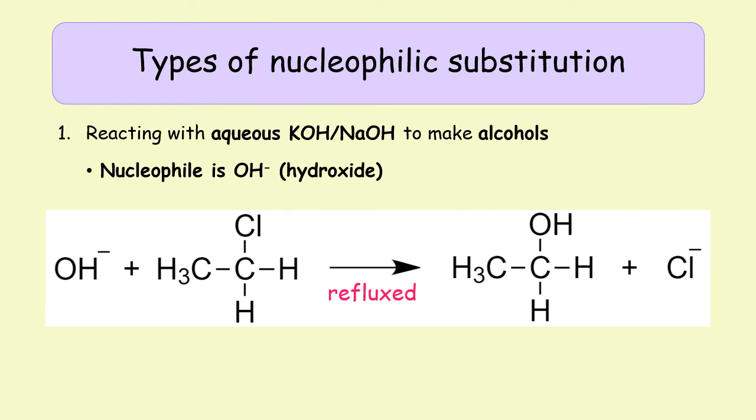So the hydroxide ion replaces the halogen to form an alcohol, and you'll get the halide ion. And you will typically do a reflux reaction in order for this to happen. Reflux meaning you're heating it with a condenser directly attached vertically onto the flask so that you can keep the reaction at a hot temperature for very, very long periods of time without losing solvent.